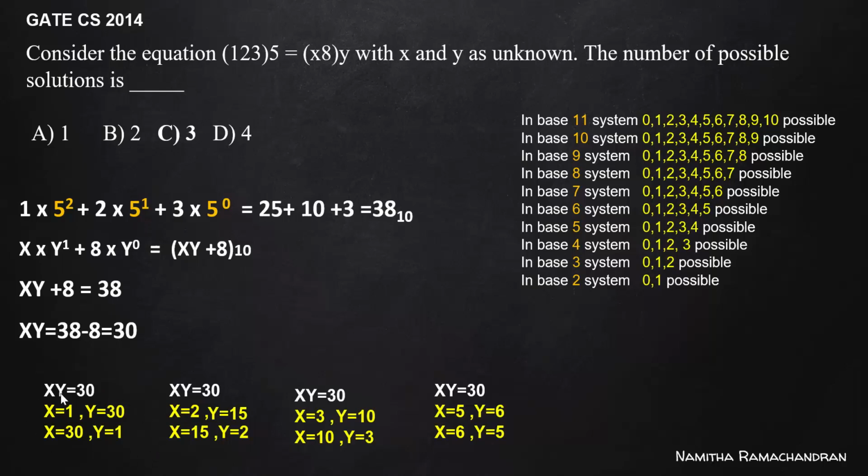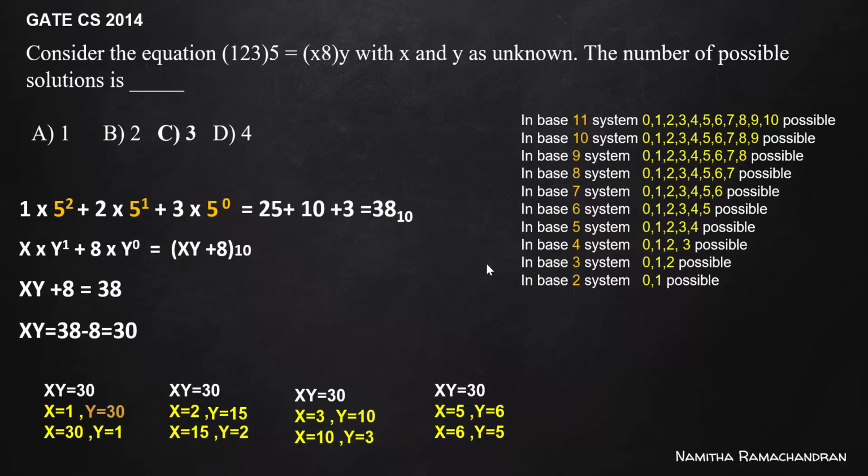Based on that, in this case y is equal to 30, which is greater than 9. But here y equal to 1 is not greater than 9. So the combination x equal to 1 and y equal to 30 is a possible solution, but the other is not, because y equal to 1. In base 1 system, the symbol 8 is not present.